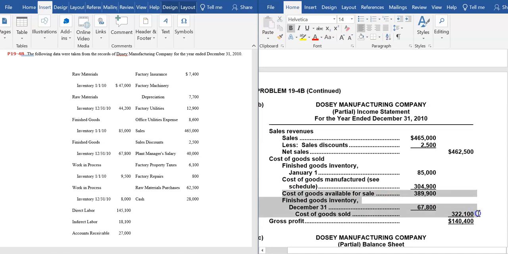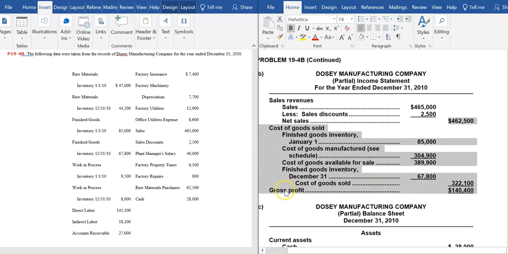Leaves me with total cost of goods sold. Sales minus cost of goods sold gives me gross profit. Again, to calculate net income, I would end up subtracting all of the operating, selling, and general administrative expenses. But again, this problem, similar to the previous one, just had to stop at the first partial portion of the income statement.